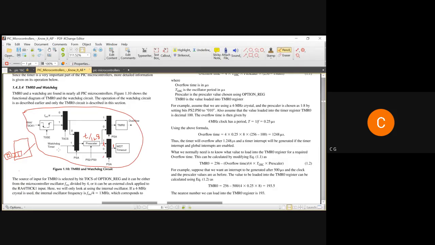So this much detailed information is given related to timer 0 and the watchdog. You have something here, then this signal goes into some small timer element. Now the timer element is having this.